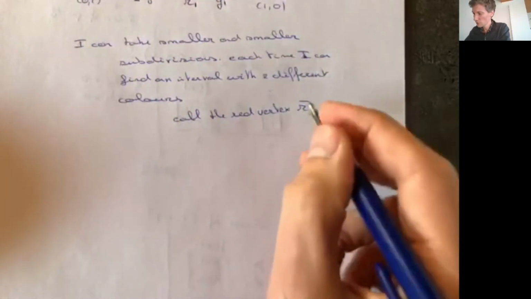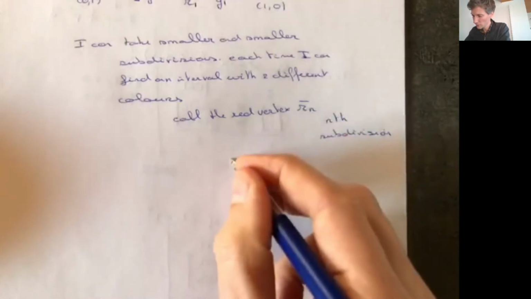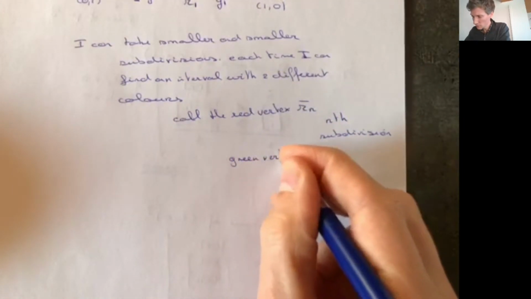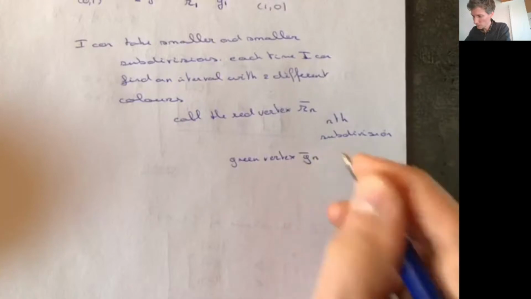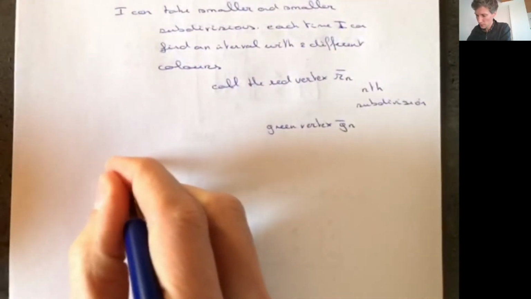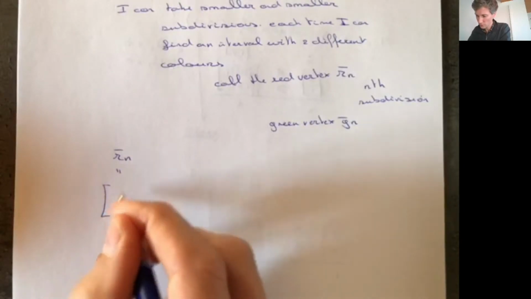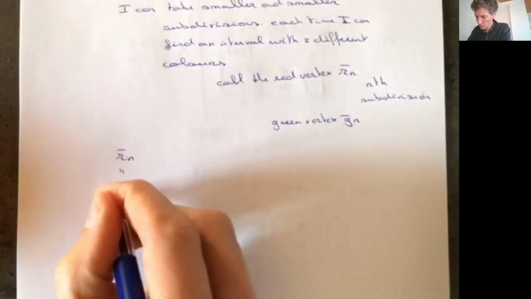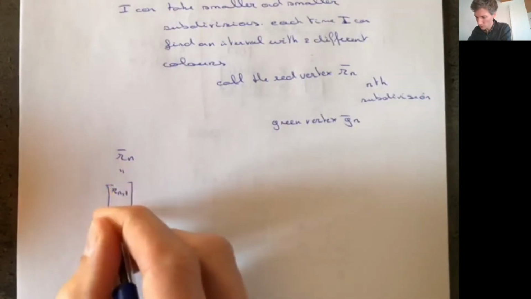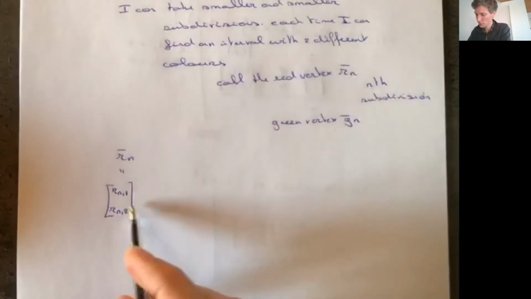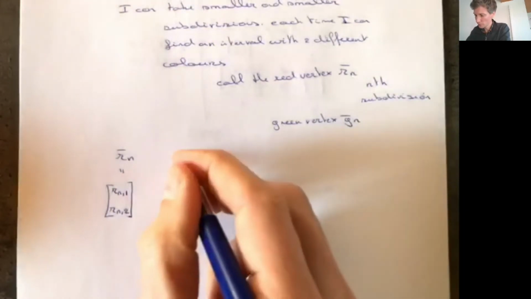So for the nth subdivision, I have a red vertex Rn and a green vertex Gn. Okay, so each time I can do this, I can find a red one and I can find a green one. So my red vertex Rn is a 2-dimensional vector, right? So it consists of two components, and let me call the first component Rn1 and Rn2. So n refers to the subdivision, and 1 and 2 refer to the components.